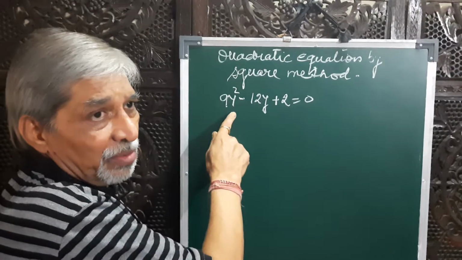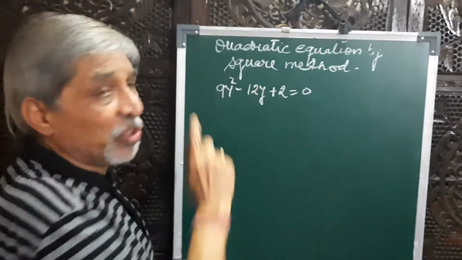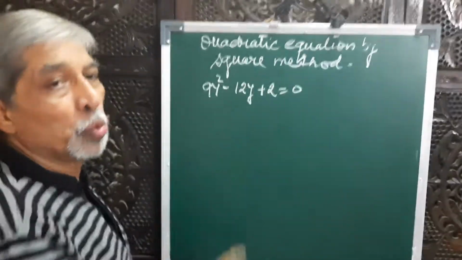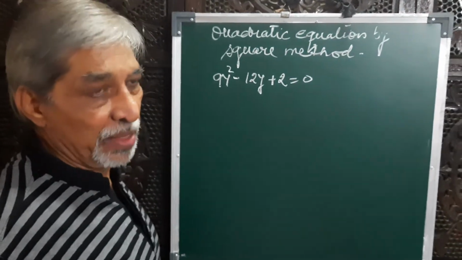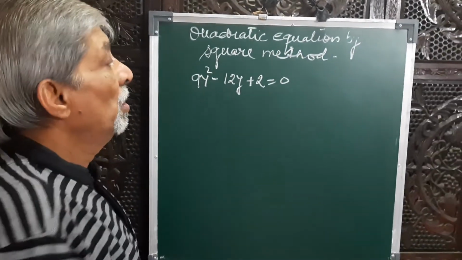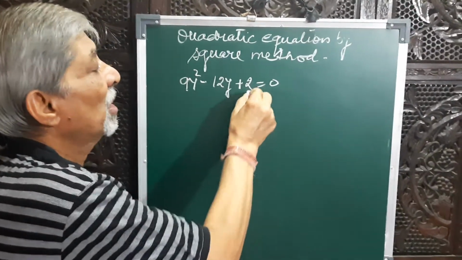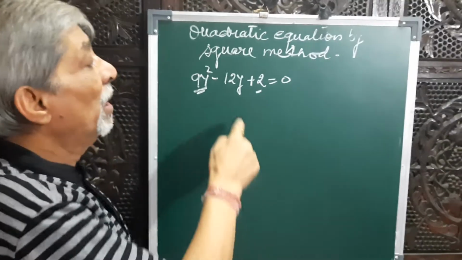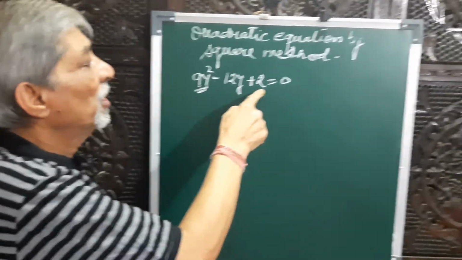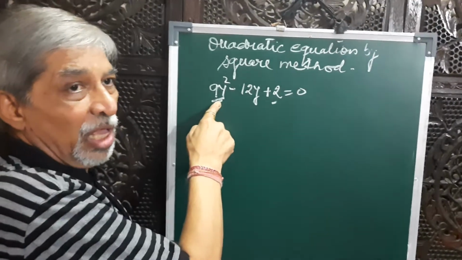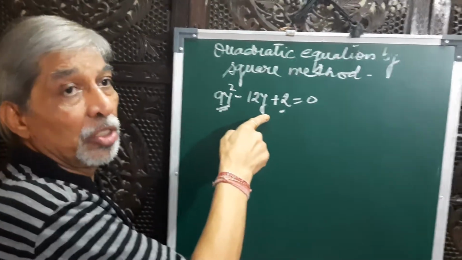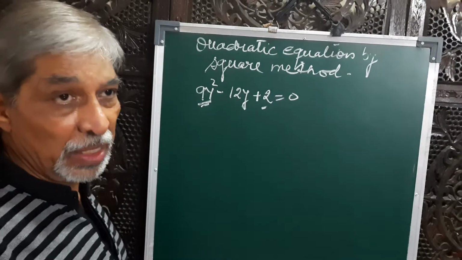If we check this very equation, 9y squared minus 12y plus 2 is not a perfect square. Reason: the last term is 2, the first term is 9y squared, and the square root of this and the square root of this, if we multiply by 2, should equal 12y.